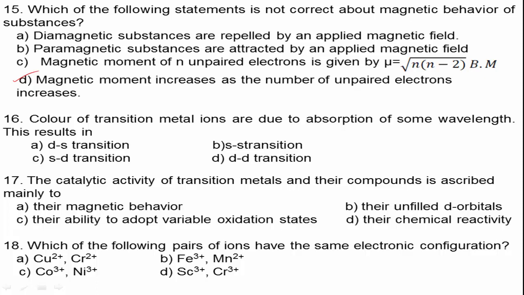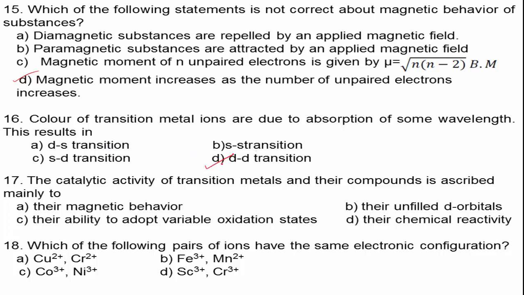The color of the ion is complementary to the color absorbed by it. Hence, color is formed due to d-d transition, which falls in the visible region for all transition elements. The correct answer for this question is option D. Option D is the right answer.